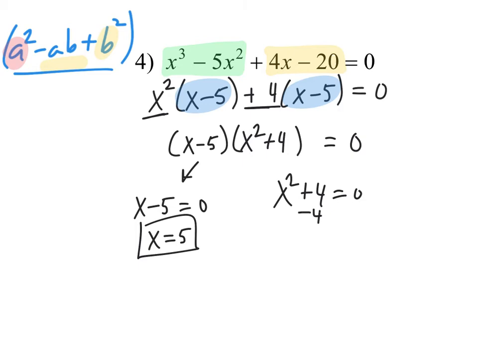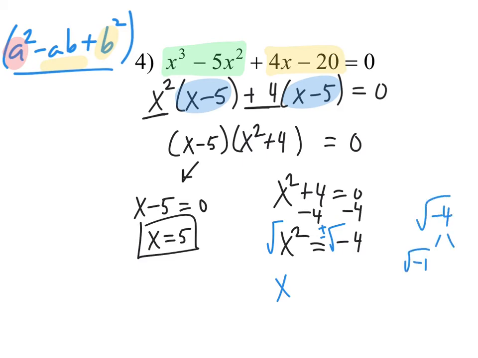So we can just old school get x isolated. Subtract 4 from both sides: x squared equals negative 4. Then when you take the square root, because we want x, we do need to do plus and minus like we did in the quadratic chapter. Now the square root of negative 4: remember negative 4 is negative 1 times 4.